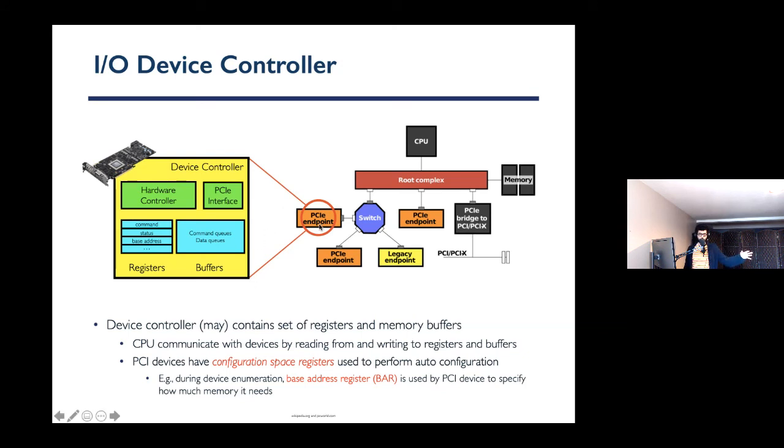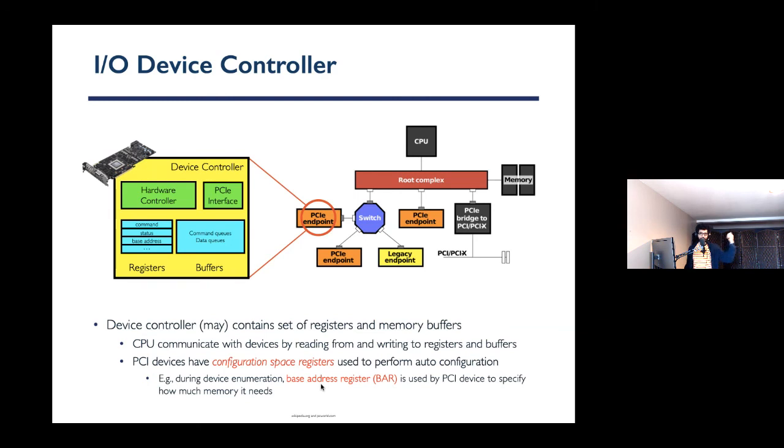During system initialization, the device first says, I need this many buffers and this many registers, so map physical memory to me. Then the system does that mapping and writes to those same registers, telling the device, now you have a physical memory range. Remember, this is your range. Usually you just get a base address, because you know how much memory you need.